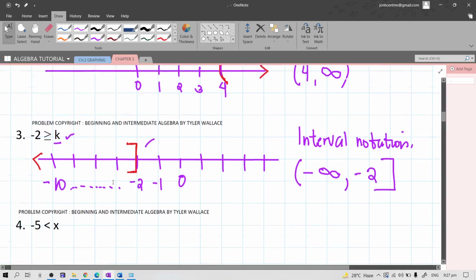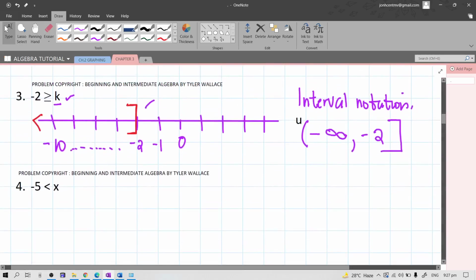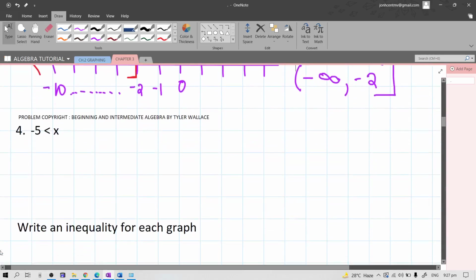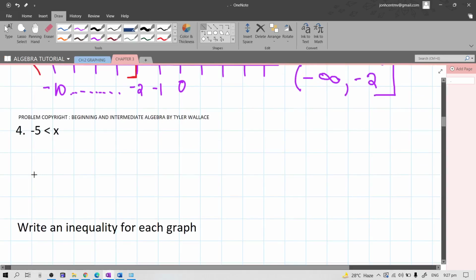Next, for the problem 4, we have negative 5 is less than the number x. So let's say this is 0, going to negative 5 at this point.